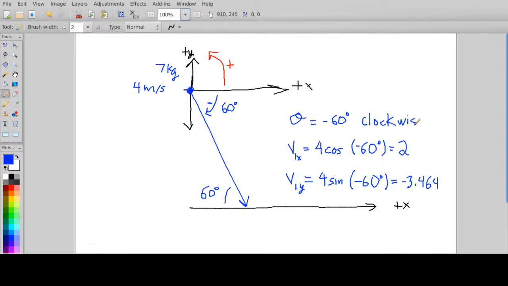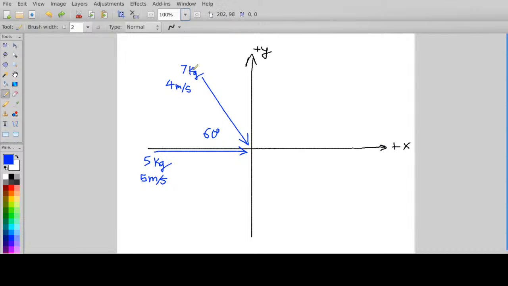I hope that's not too confusing, but let me just go over it very quickly. We had this angle coming in. Let me go back to the other diagram, actually. It's probably easier to see it there. We had this vector coming in, and I tell you that this angle is 60 degrees. But that 60 degrees isn't the 60 degrees at the tail. That's the 60 degrees at the head.